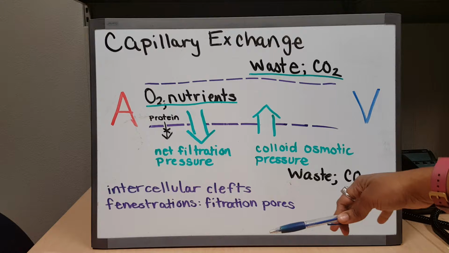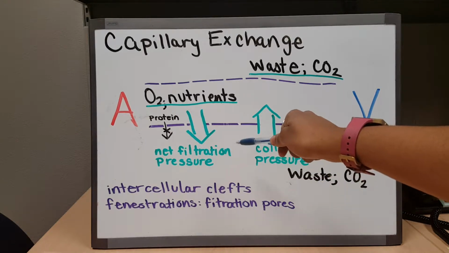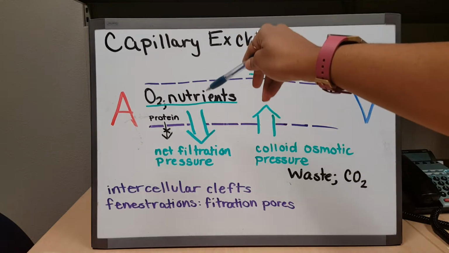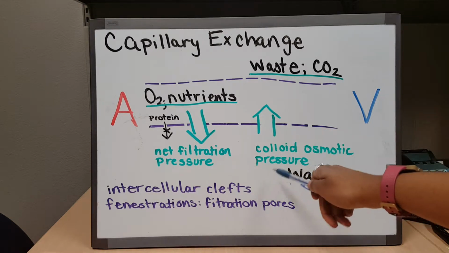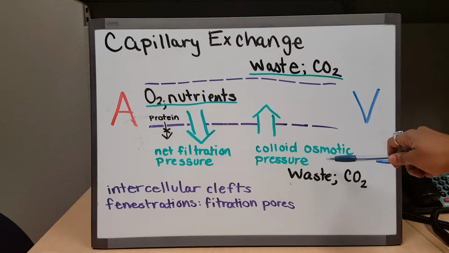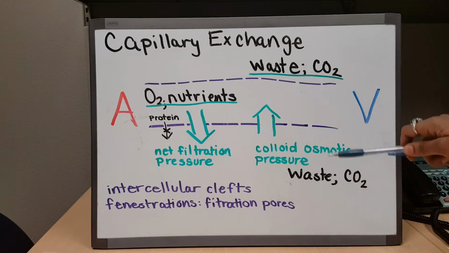So that swelling is what that's called. With that edema in your tissues, you have that fluid buildup because you have too much pressure being pushed out and not enough being reabsorbed through the colloid osmotic pressure or through your lymphatic system, and that causes that buildup of fluids.